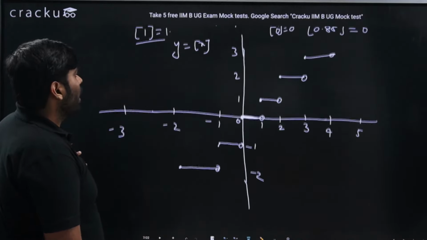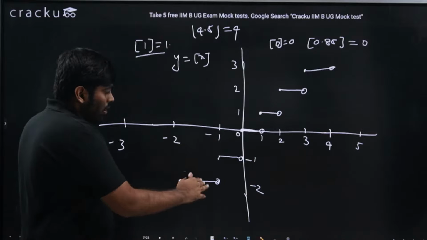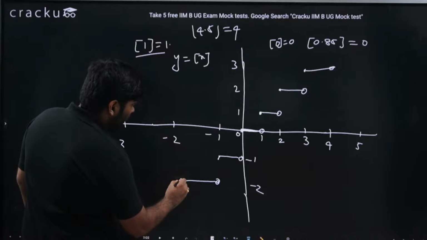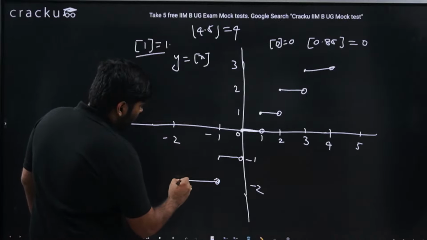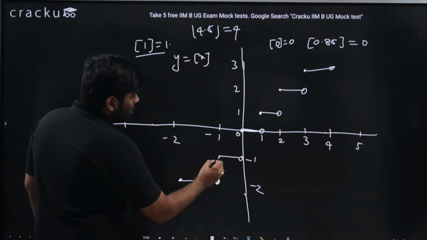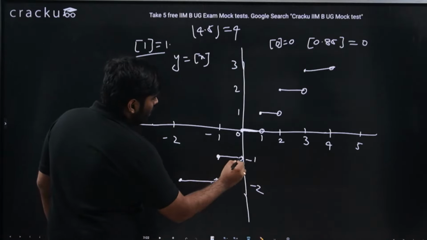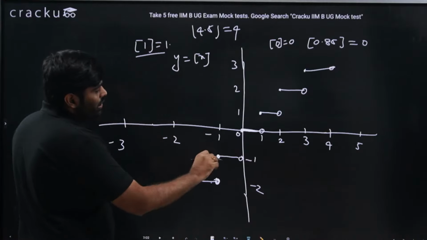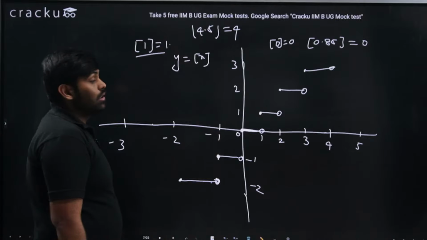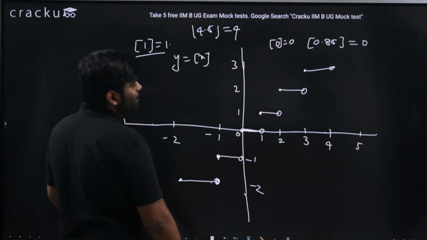At the same time, you could observe here, the graph is discontinuous at every integer. See, from minus 2 to minus 1, it is coming on a straight line, but it is getting discontinued at x equal to minus 1. Similarly, again from minus 1 to 0, for values less than 0, it is on a continuity path, whereas at x equal to 0, it is breaking again. So for every integer, this graph is breaking.